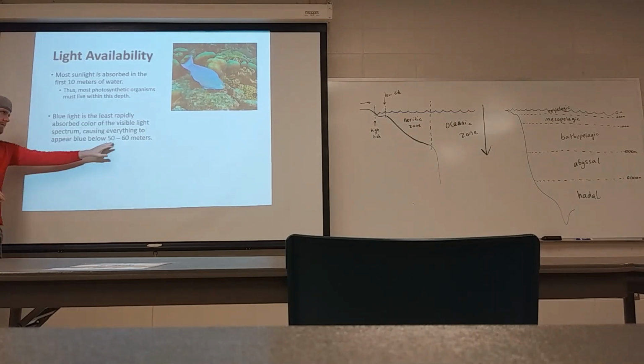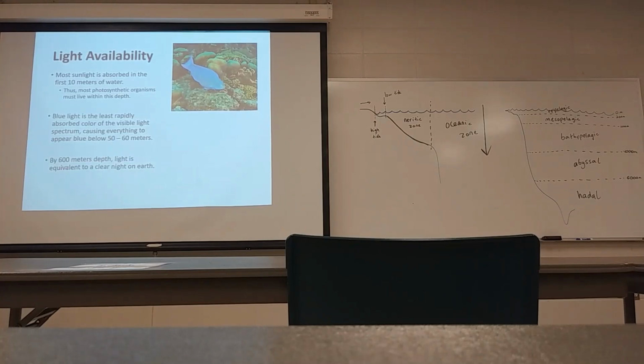Under 50 or 60 meters, most things are going to look blue to us. In the shallower areas, it's not noticeable yet, the discrepancy in absorption between the different colors of light.